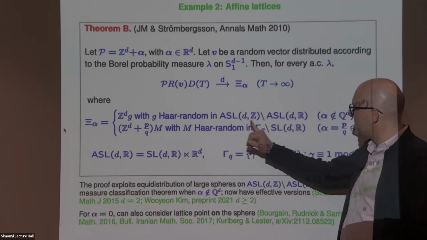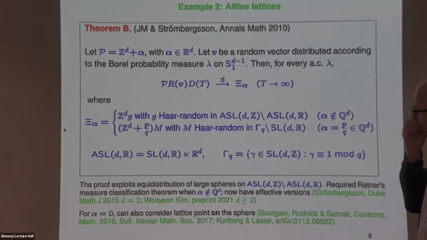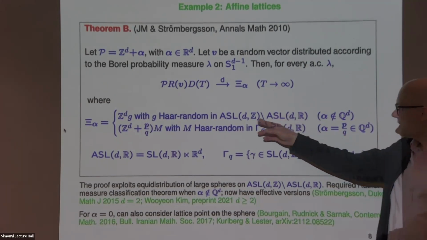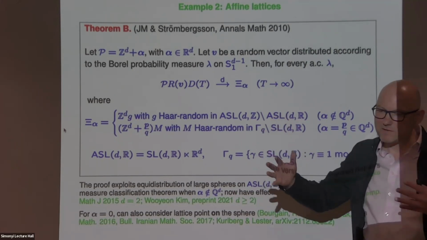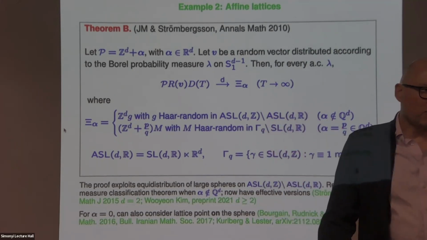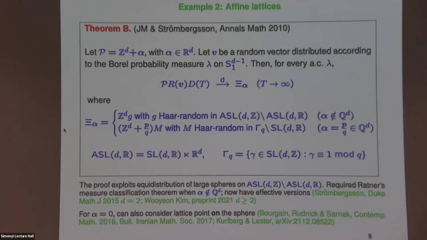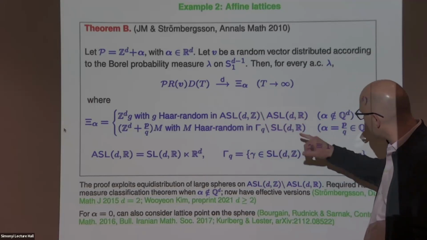So if alpha is irrational, it's a random lattice where G is Haar randomly distributed in ASL_d(R) modulo ASL_d(Z). For those of you who don't know what these symbols mean, it doesn't matter. It just means it is a natural object in the space of lattices, where you apply a random affine linear transformation with a natural probability measure on it.